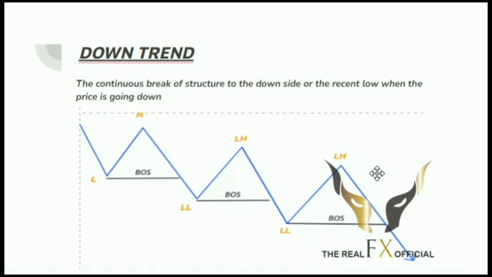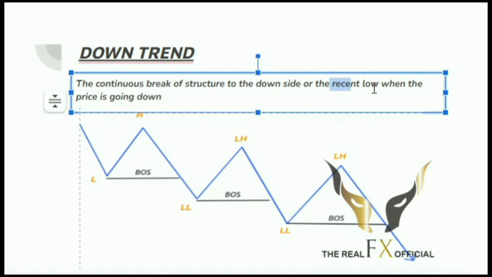So what is a downtrend? It is the continuous break of structure to the downside, or of the recent low, when the price is going downward, okay. In the first scenario, the price will be going downward. Then in the second case, the price will be breaking the recent low, okay.